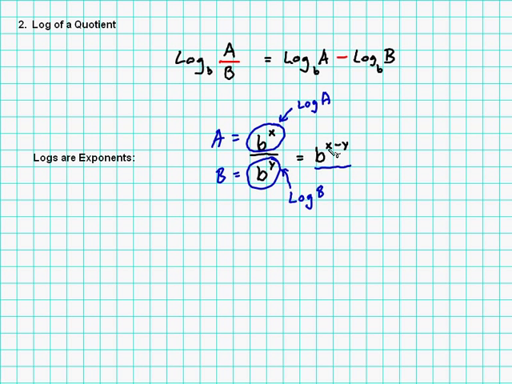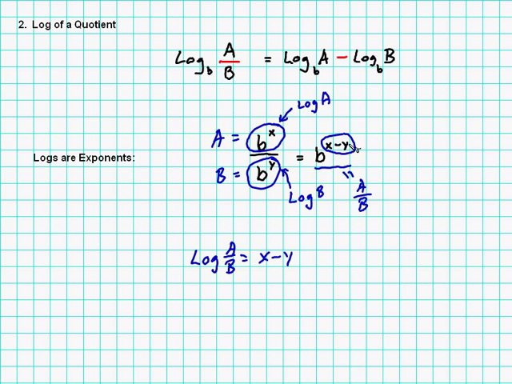This is the result of a over b. So this equals a over b. So if this is a divided by b, we get this result, which is a over b. And notice the log of a over b. So the log of a over b is this exponent, x minus y.